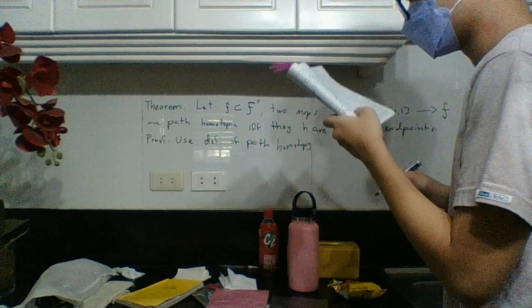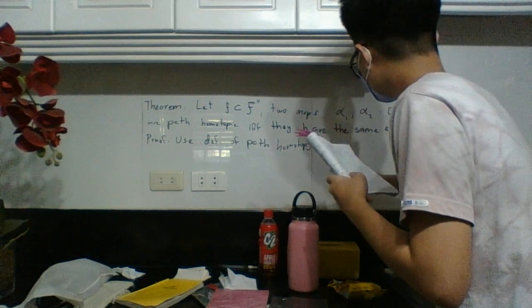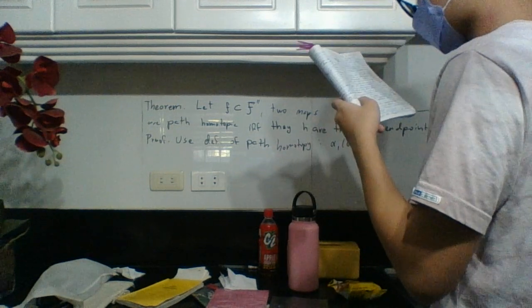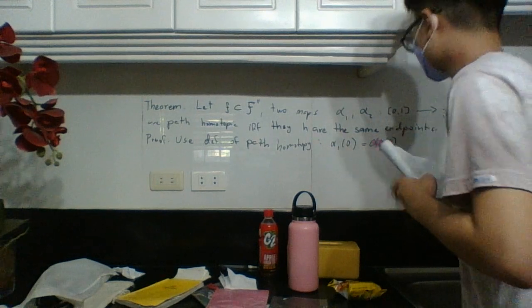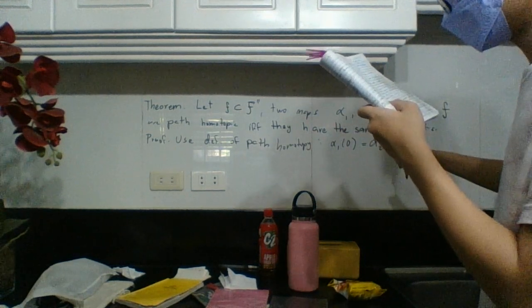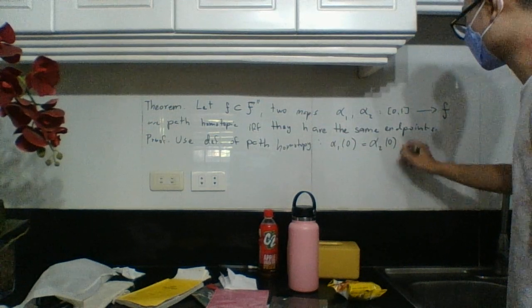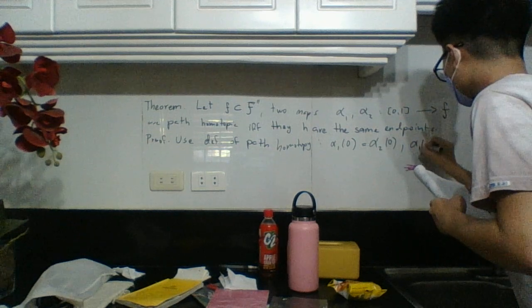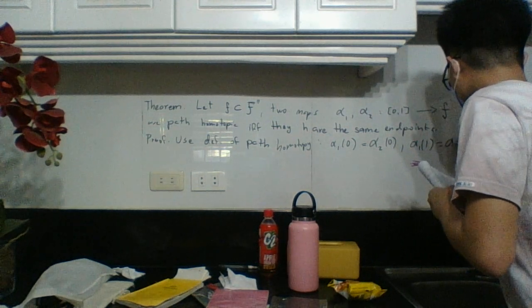Indeed, under this definition, it holds that alpha 1 of 0 is equal to alpha 2 of 0. And if we assume this to be true under the definition, it must be that alpha 1 of 1 is equal to alpha 2 of 1.